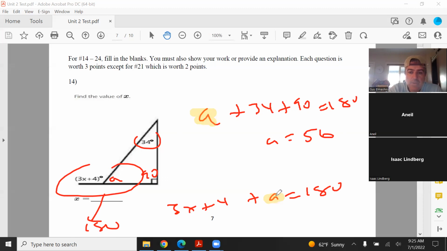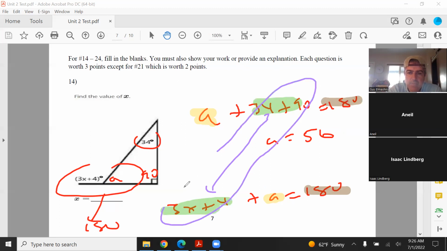So I could just replace, if I can only get the highlighter out here. So if you have 180 on both sides, and you have an A and an A on the left side, then you could draw that connection and say, oh yeah, these must be the same also, right?